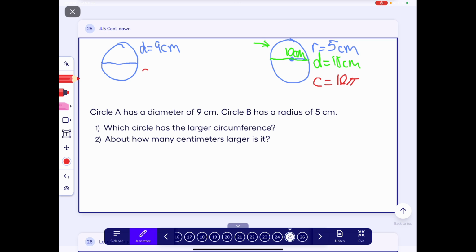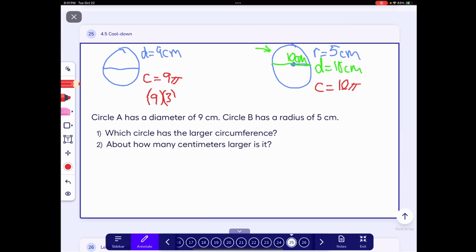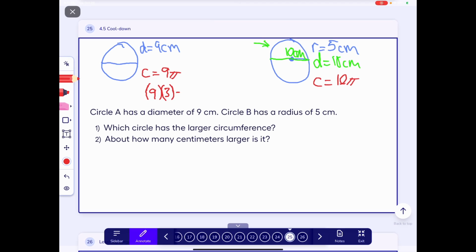And the circumference on the left is 9 pi. So about how many centimeters larger is that? Well, this is about 9 times 3.14. Or you know what? I'm just going to say 3, because we're saying approximately. So that's 18.